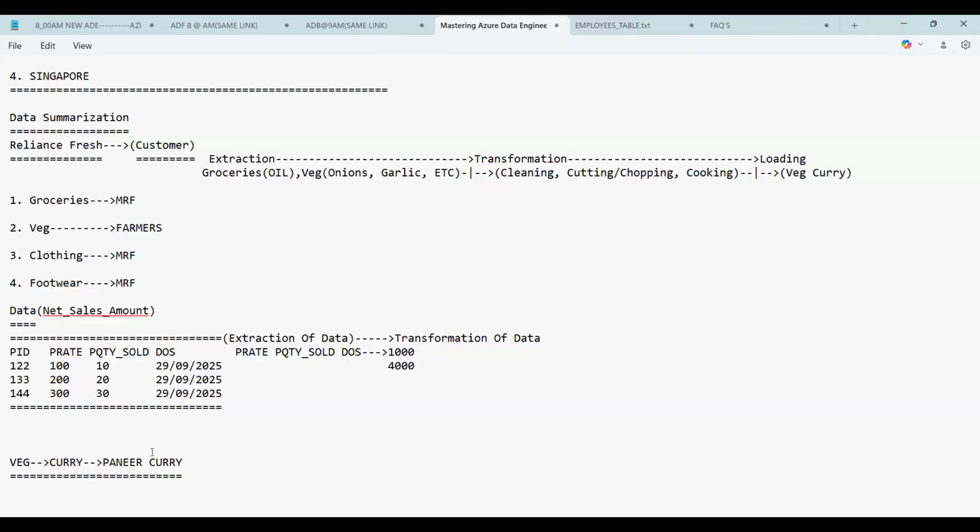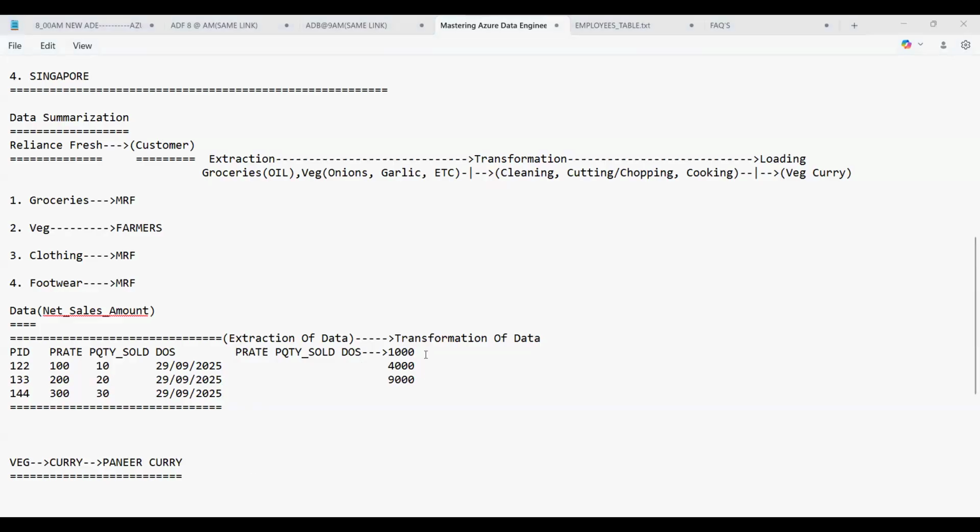Yeah, exactly. 300 into 30 means what? 9000. Exactly. Very good. So now, guys, this is the data you have.